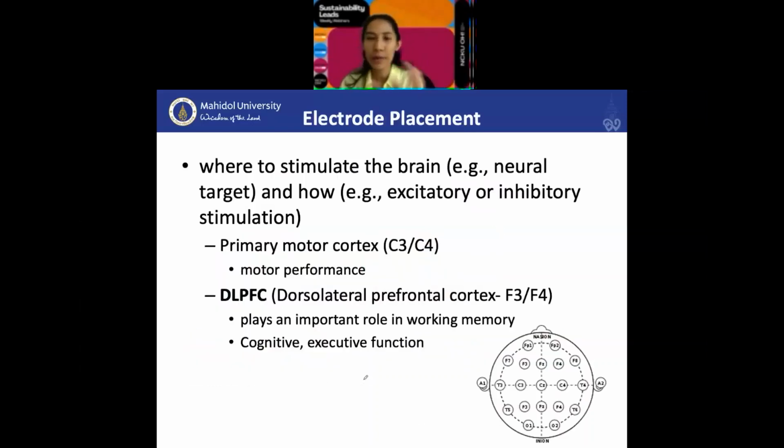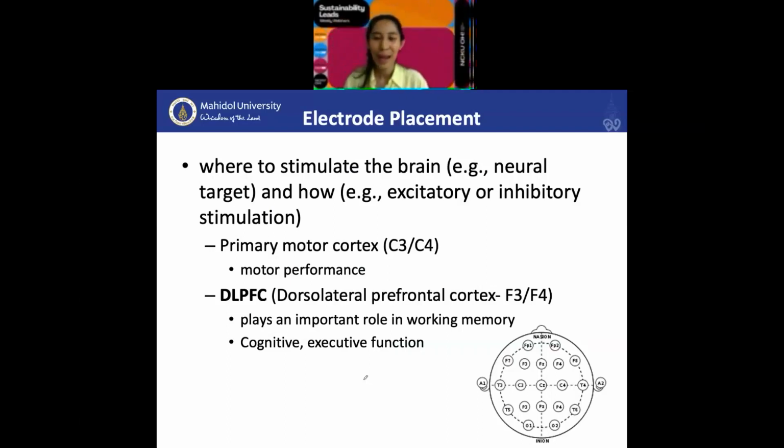Okay, so next, have a look at the electrode placement. You need to know where you would like to stimulate in the brain, the brain target, and whether you would like to excite or inhibit that target. You need to know that first. And then you put the electrode over the brain area, and you can find where you should put the reference. As I told you, the original one would be on one side, and the reference on the other side like this.